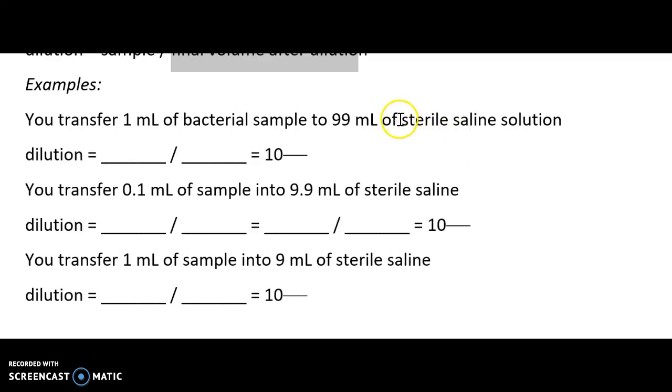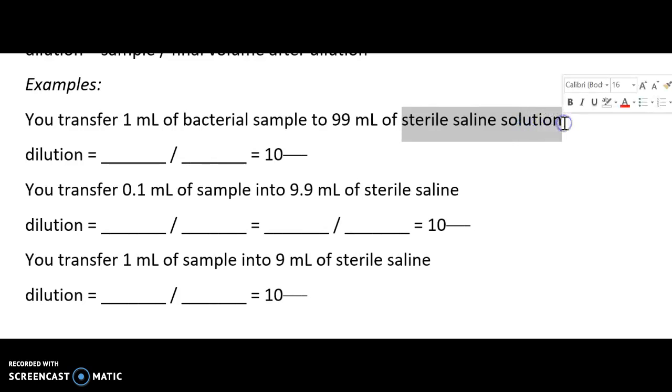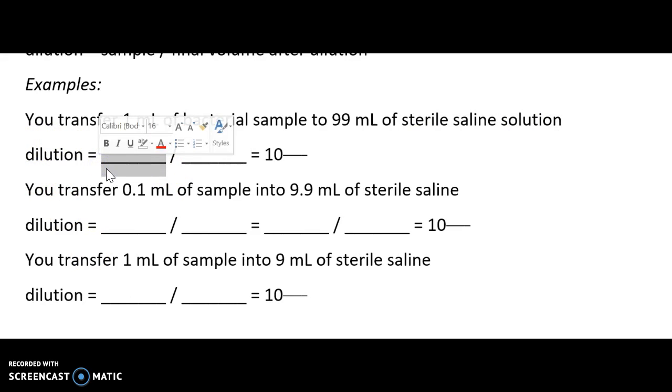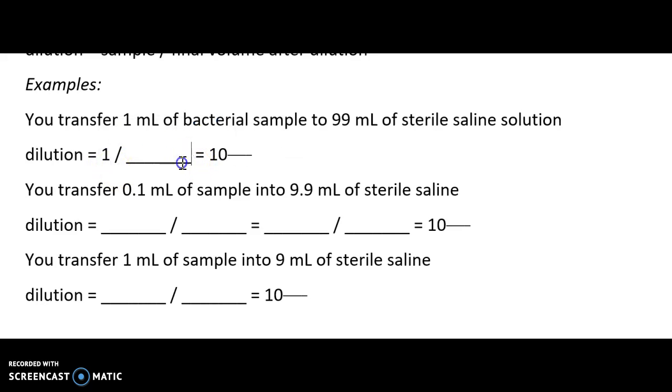That's the sterile fluid that you use to dilute the sample. The dilution in this case would be 1, that was the volume of the sample, divided by 99 plus 1, which works out to 100. That's the final volume after you mix those two things together.